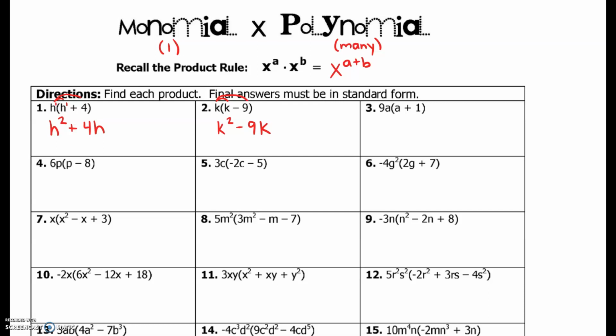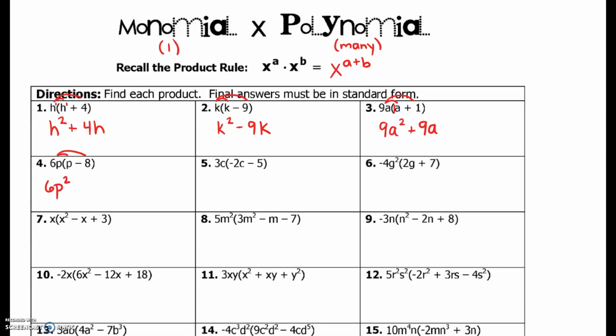In number 3, we're multiplying 9a times 1a. So remember there's a 1 in front of this. We multiply those coefficients. 9 times 1 is 9, and there are two a's here, so that would leave us with a to the second power. Then you'll multiply 9a times 1, which would leave you with 9a. In number 4, you have 6p times p. That would be 6p to the second power.